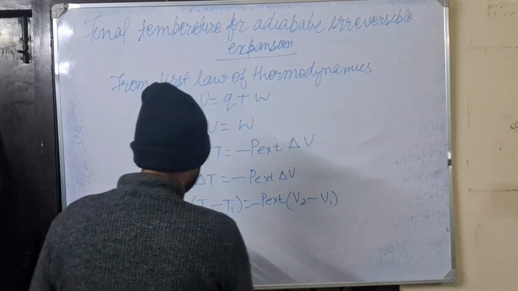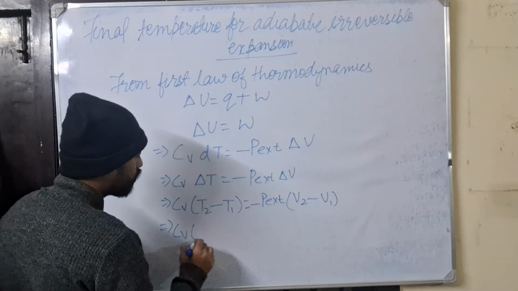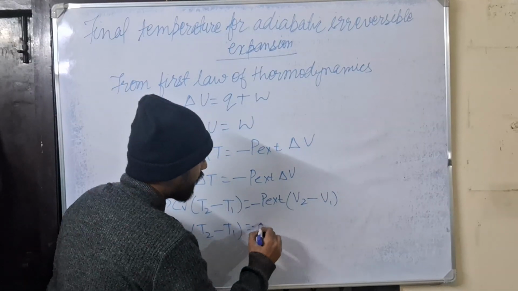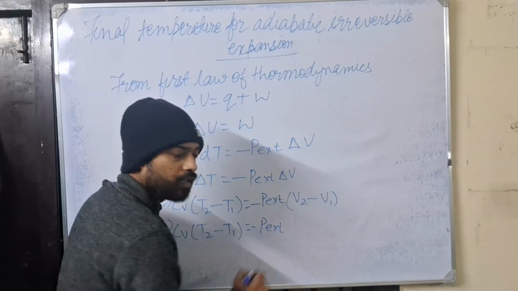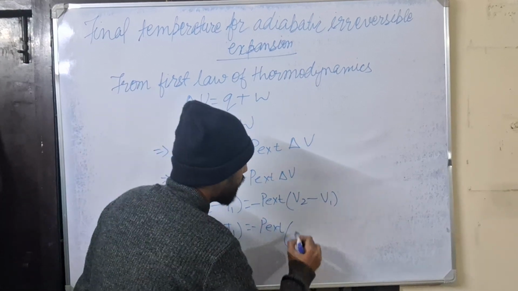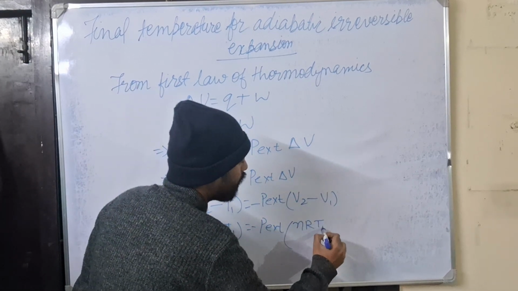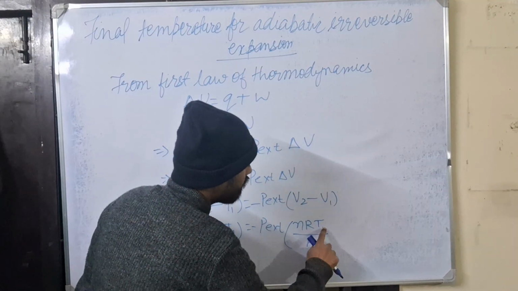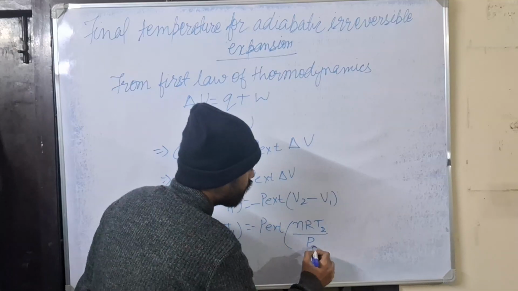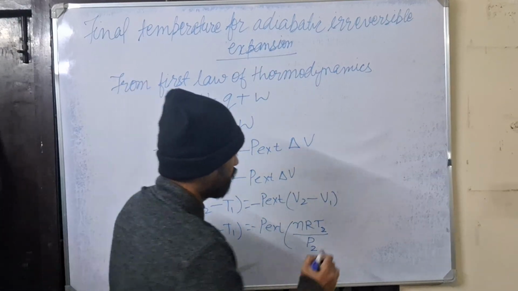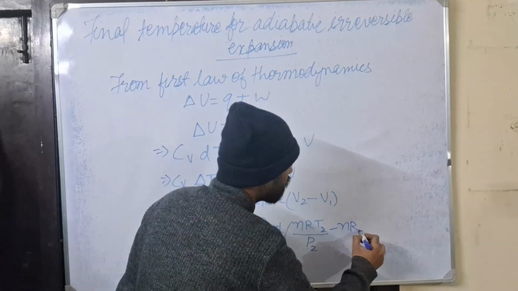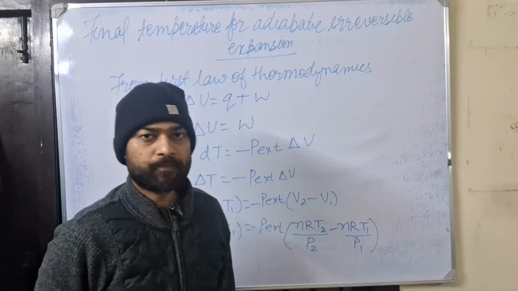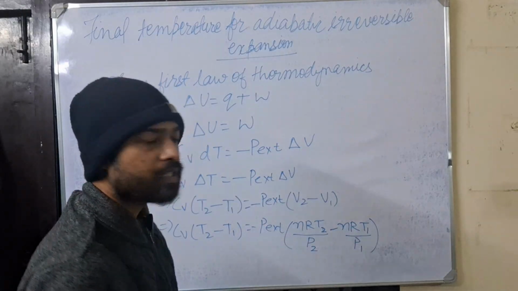So here it becomes Cv into T2 minus T1 is equal to minus P external, and V2 can be written as nR T2 by P2, minus nR T1 by P1. Correct? Here you can pause and note it down.